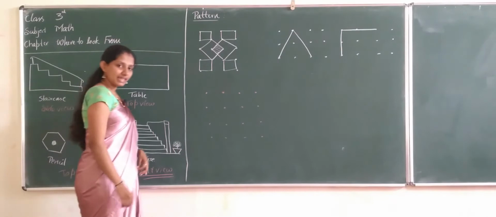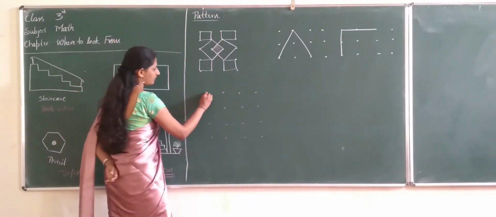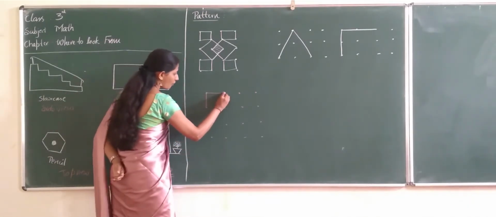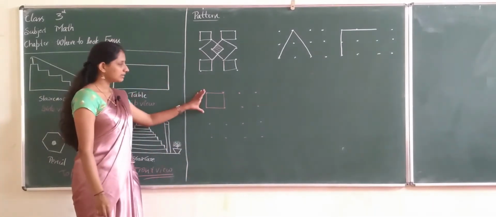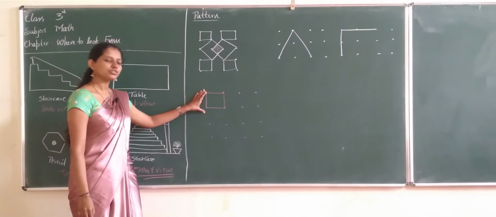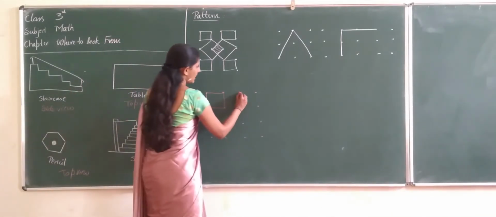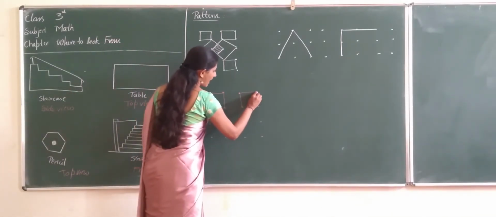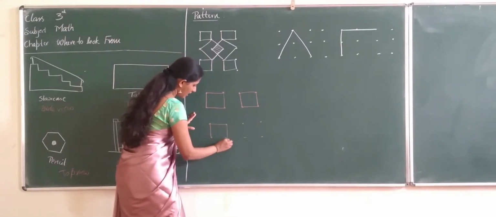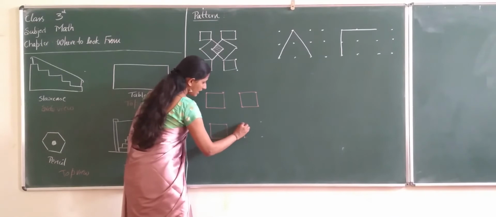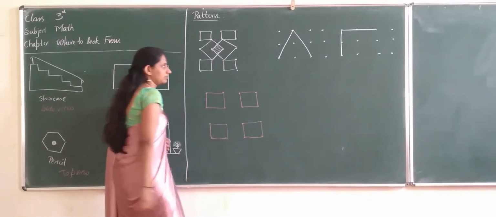Correct? Then I draw one square, joining these 4 dots with lines. Again I draw another square. Again I draw another square. Again I draw another square.